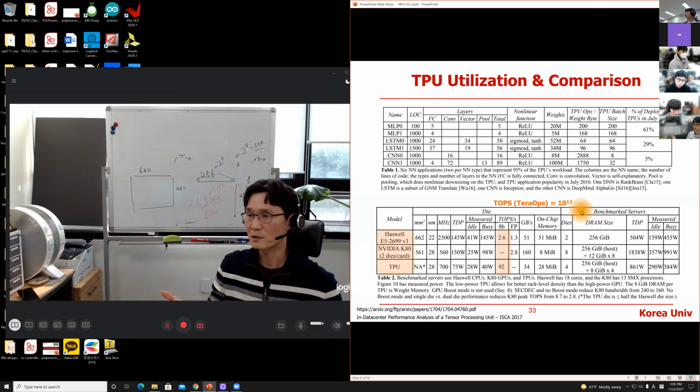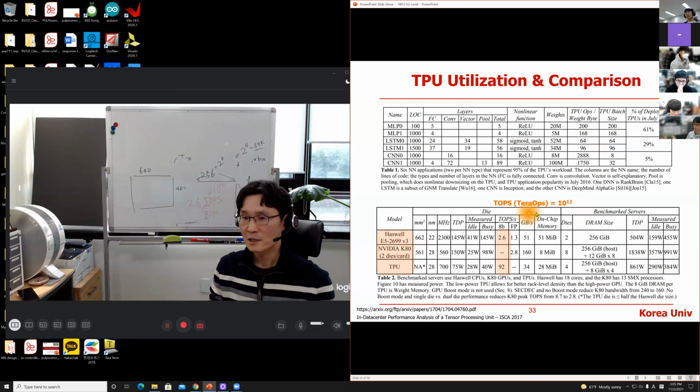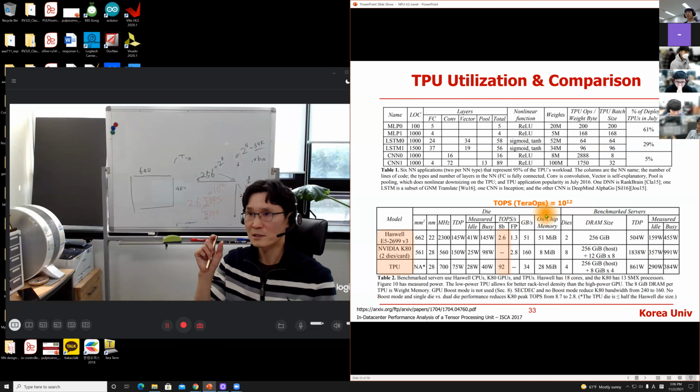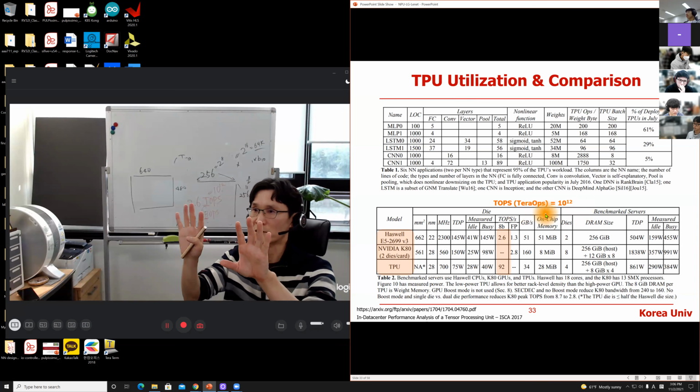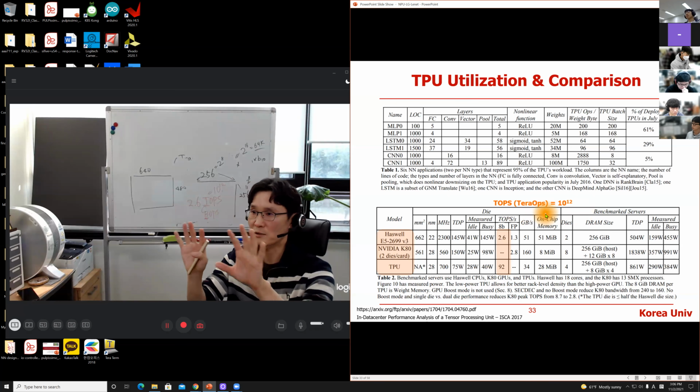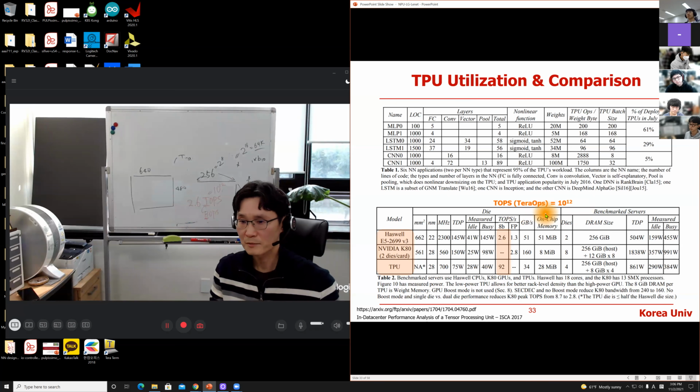Every second, 2.6조 operations, MAC operations, right? Actually, not just MAC operations, but multiplication and addition, so 2 operations, right? So actually 48. Sorry, divide by 2.